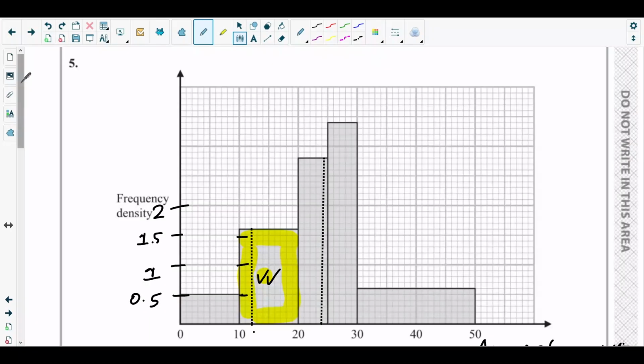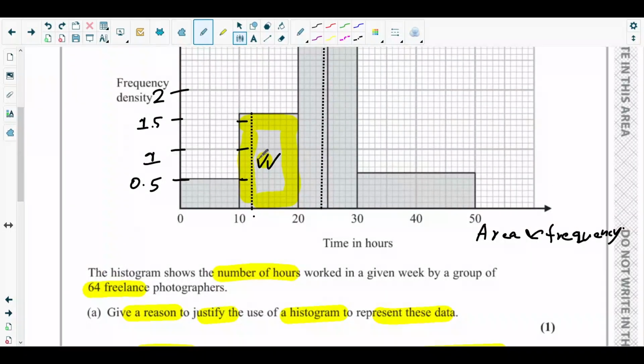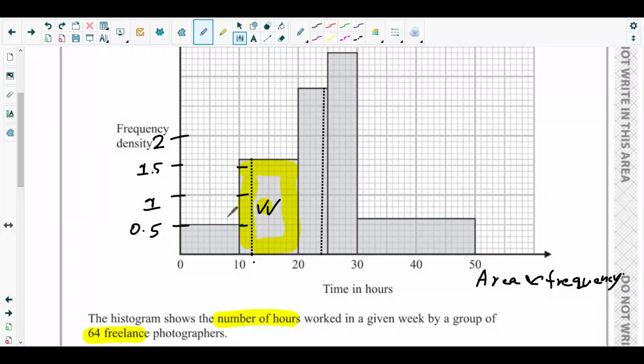They wanted the estimated number, so we got the width 8 and the height 1.6. And then what's next? From 20 to 24.